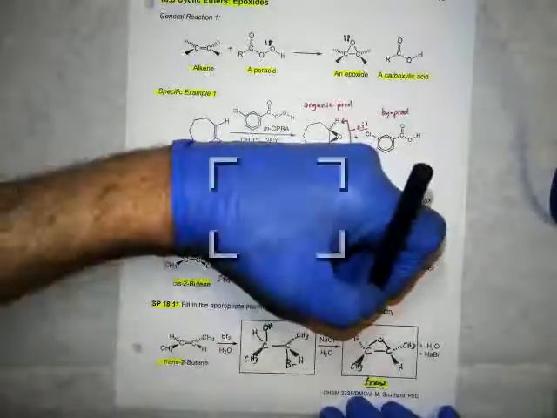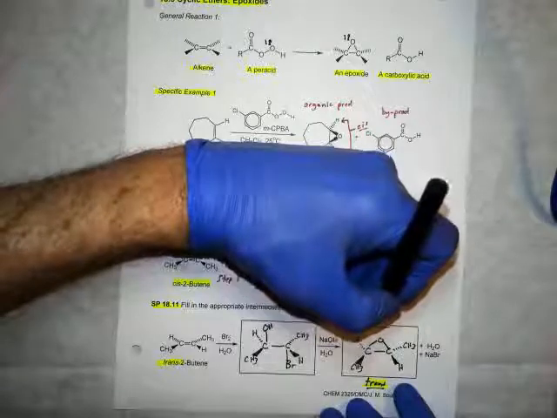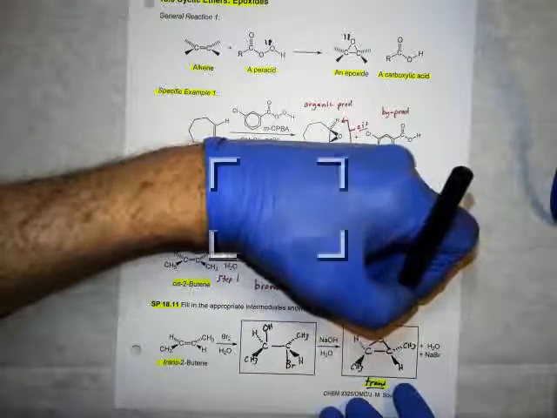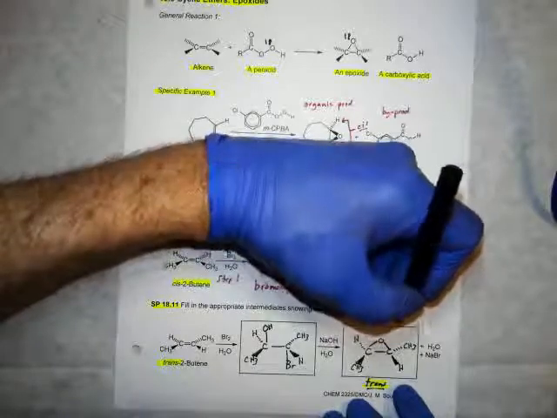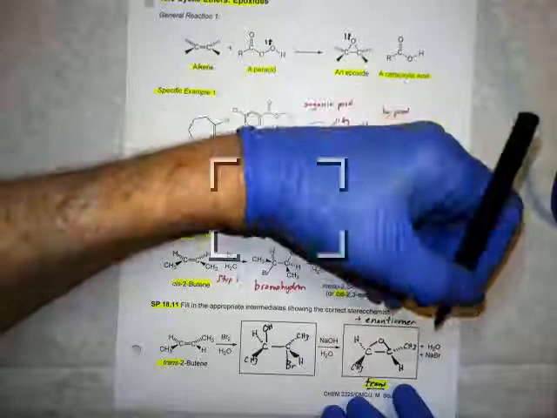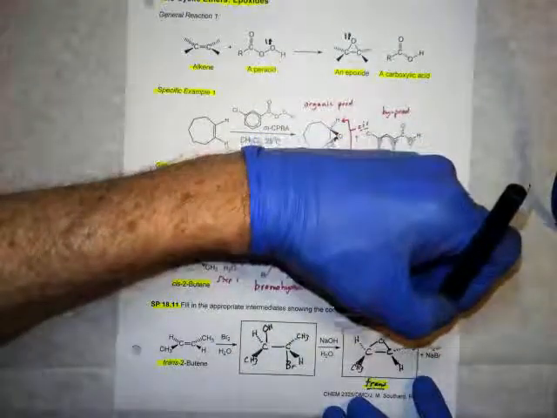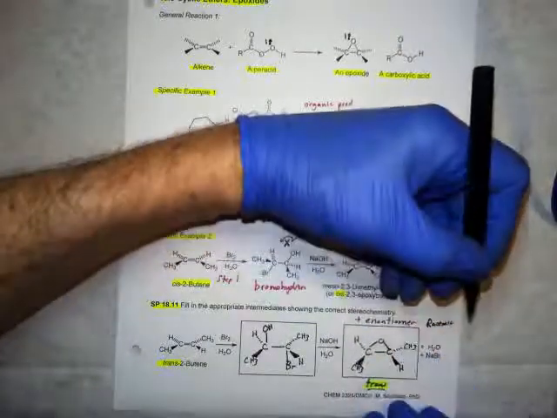So I'm going to write up here, just to remind ourselves of this, that we also get the mirror image, the non-superimposable mirror image enantiomer. So this ends up being racemic. Y'all remember what racemic meant?